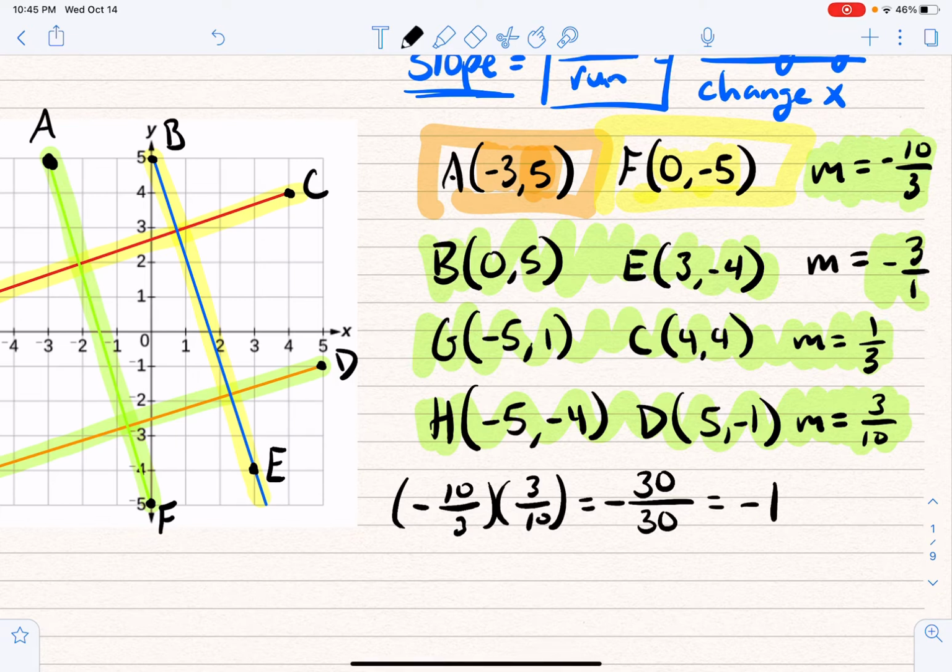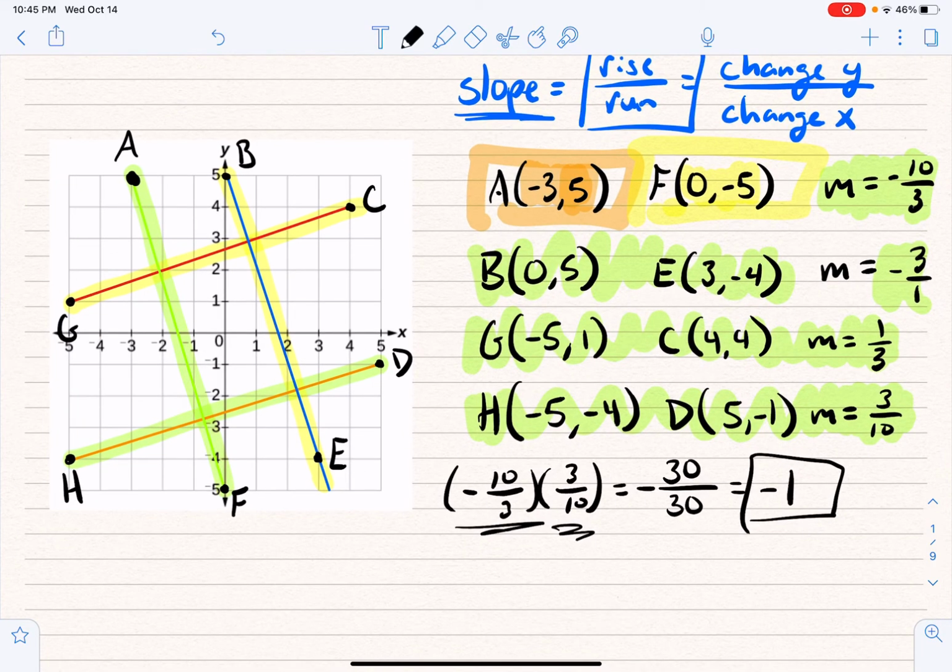So the product of two perpendicular slopes will always be -1. That's another way you can tell they're perpendicular. Personally, I think it's easier to look for opposite reciprocals, but that's another option. You can always multiply them, and if their product is -1, then you have perpendicular lines.